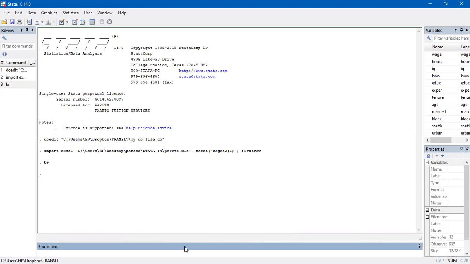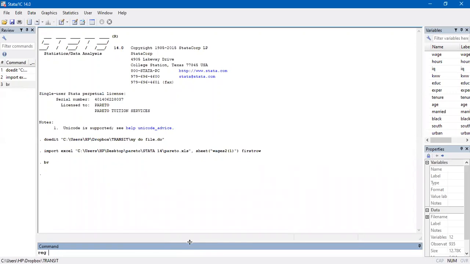So the command for regression is you can use regress or just reg. Then the dependent variable comes first. You can choose to type it, wage, but if you don't take your time and you misspell it, it won't work.